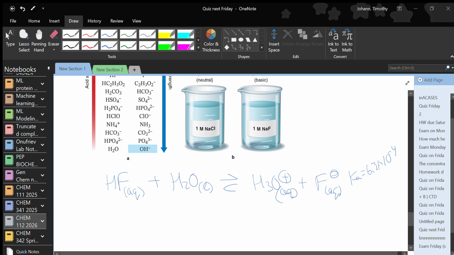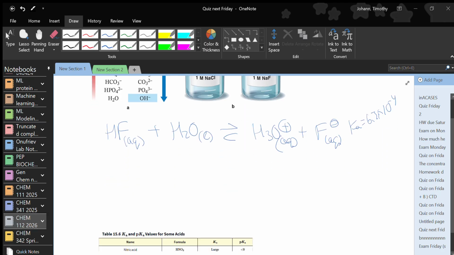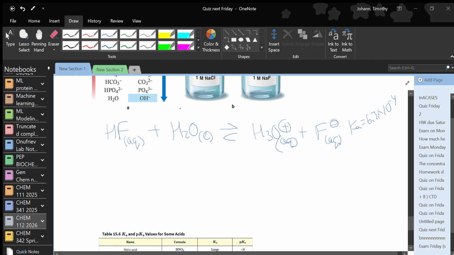If we think about the base reaction of that, what does this do? If F minus is acting as a base, it's going to need to get a proton from somewhere. It's in water, so it's going to pull that proton off of water and make OH minus.